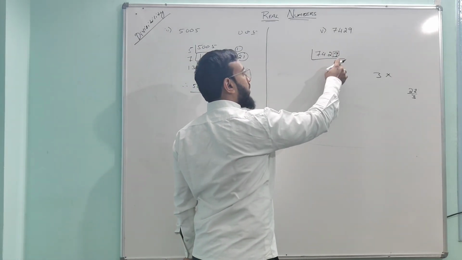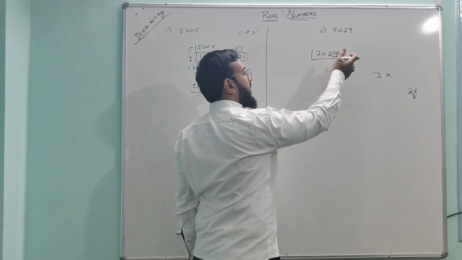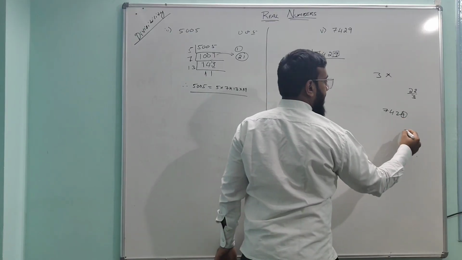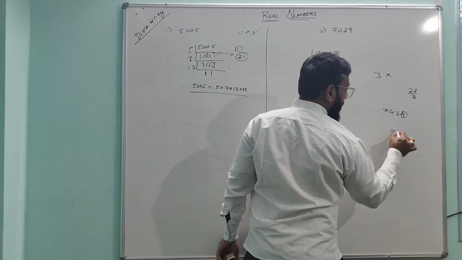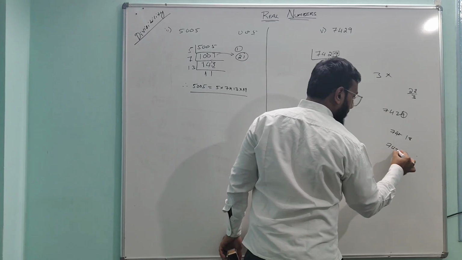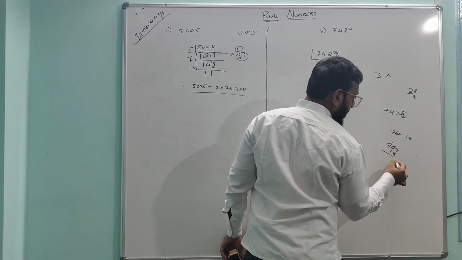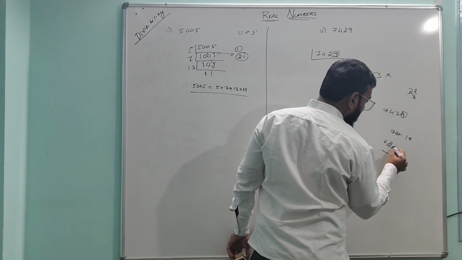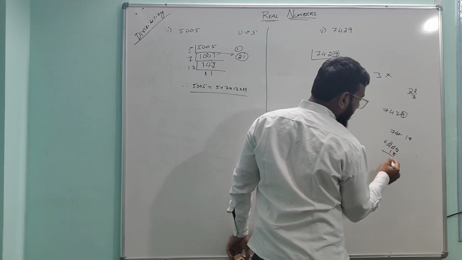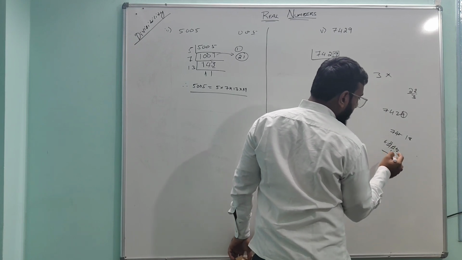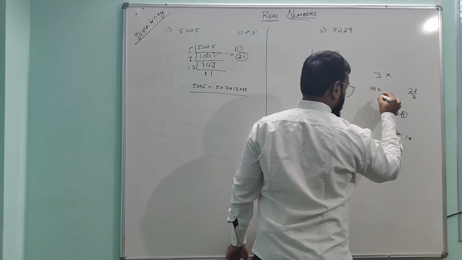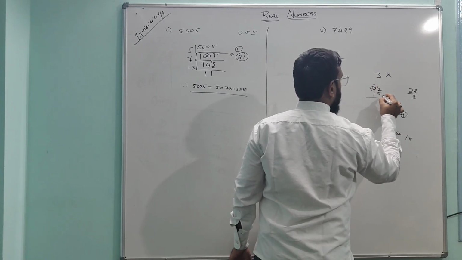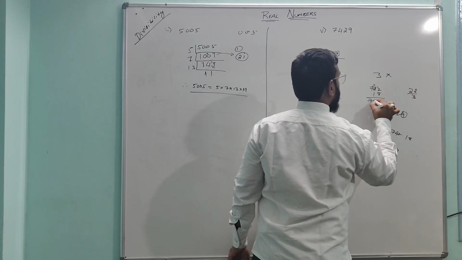Then 5, no, because the unit place doesn't have 0 or 5. 7, how to check with 7? Double the last digit of 7429: doubling 9 gives 18. 742 minus 18: 12 minus 8 is 4, 3 minus 1 is 2, so 724.